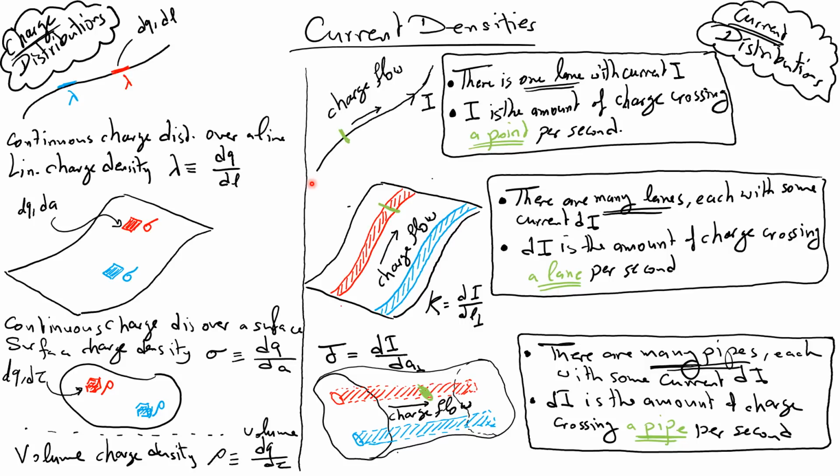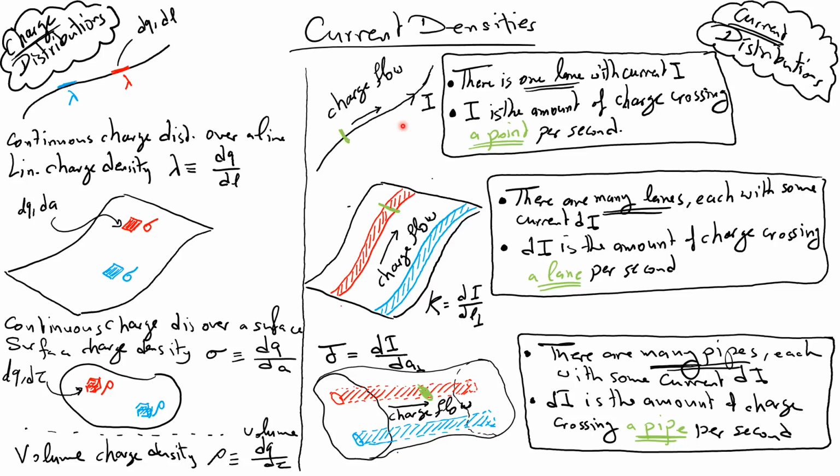So let's consider every one of these cases, and see if we can define quantities similar to the charge densities here. In a one-dimensional line, if you have a flow of charges, then there's a current I here.